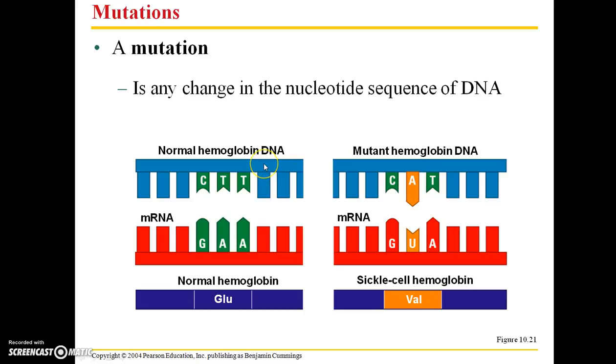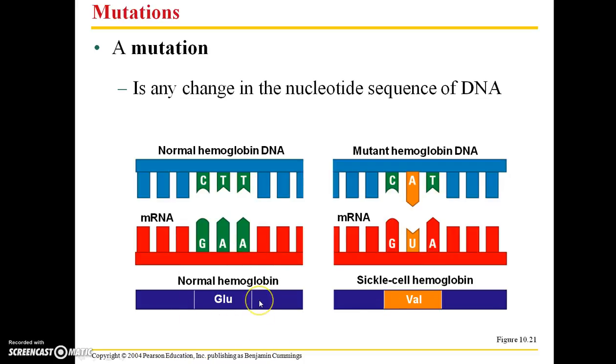So what happens is, during the transcription process, the wrong messenger RNA molecule is made. So instead of being GAA, it's GUA. Since that T was substituted for an A, the complementary nitrogenous base is going to be a U instead of an A, and that actually changes what amino acid is made. So that actually affects what protein is made and thus its functionality.